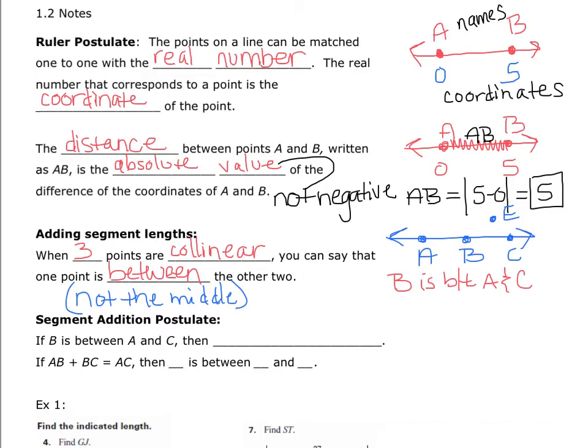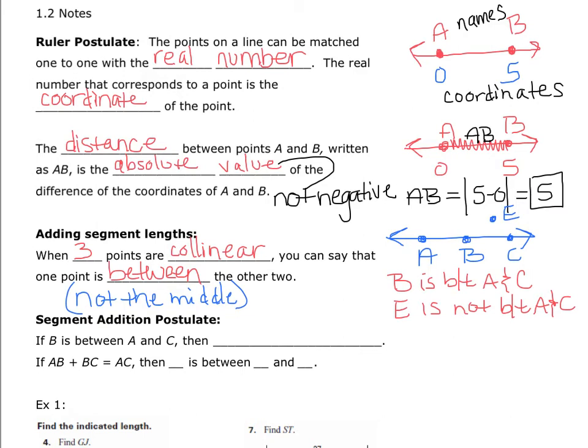Even if it looks like the middle, you can't assume it. If the proof is not in the pudding, you can't assume it. So no assumptions. We're going to talk in just a little bit about how you know if it's the middle. And since point E is not on the same line, E would not be between A and C, or B and C, or any of the 2 points.